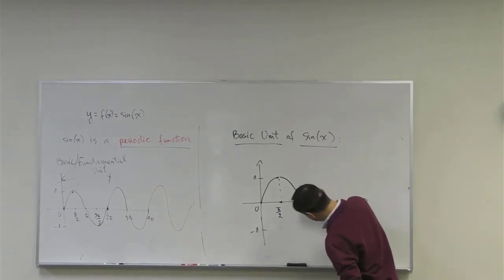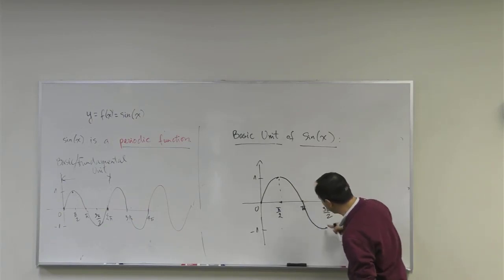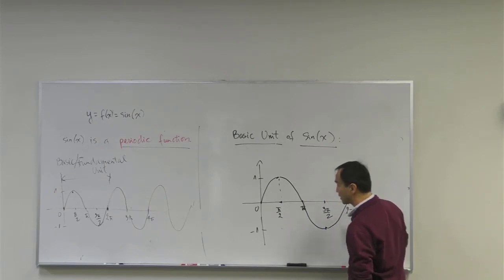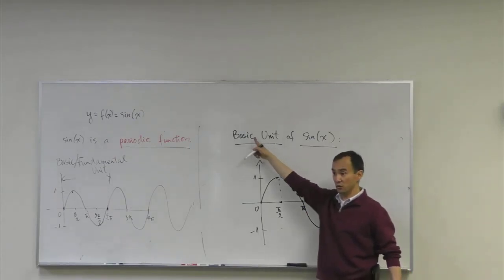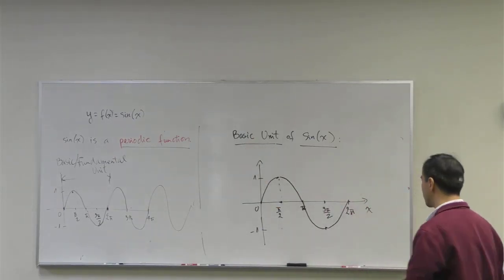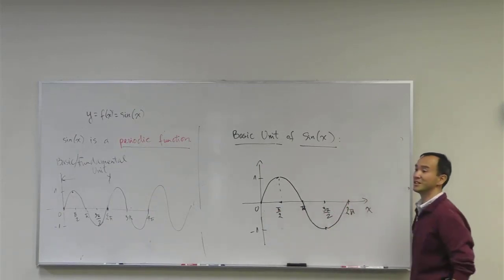So it goes like this. I don't have to get too precise about the points in between, but it's wavy enough to see. And then from the low peak, it comes back up like that. So that's one complete basic unit of your sine function, because the rest is just, like I said, the copy and paste version of this, and we could put more of those over.